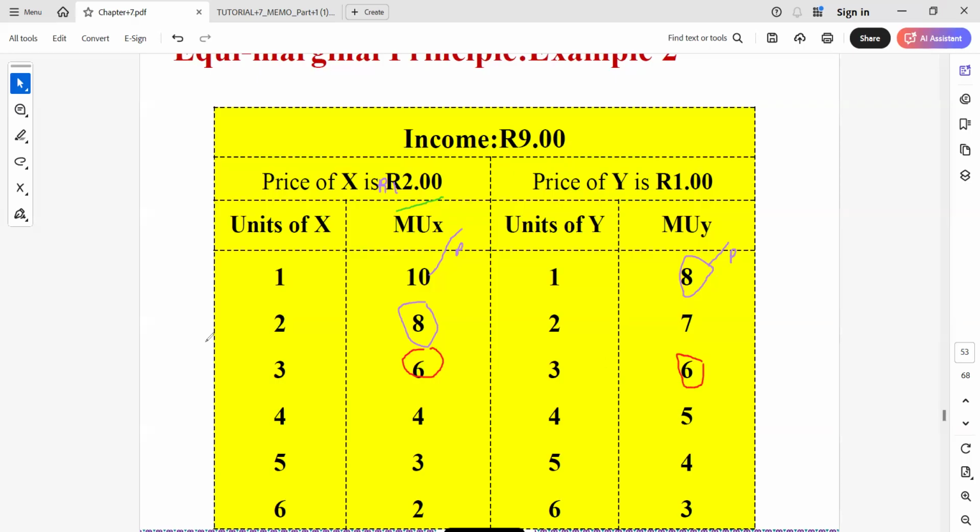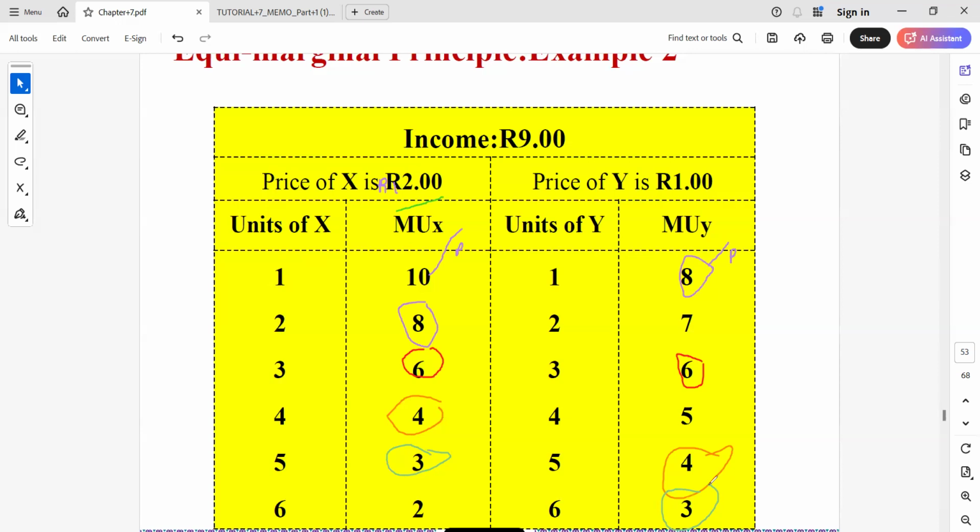And also 4 and 4. Oh, there are so many possibilities. Then also 3 and 3. So the first condition is satisfied to say your marginal utility per rand for good X should be equal to your marginal utility per rand for good Y.